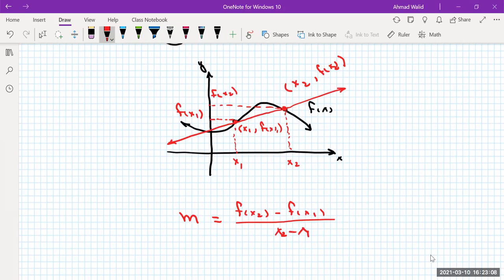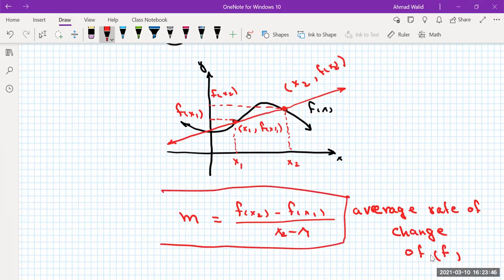We call this formula the average rate of change of a function, or in simple terms of f, which represents a function. Every time you want to find the average rate of change of a function, use this formula.